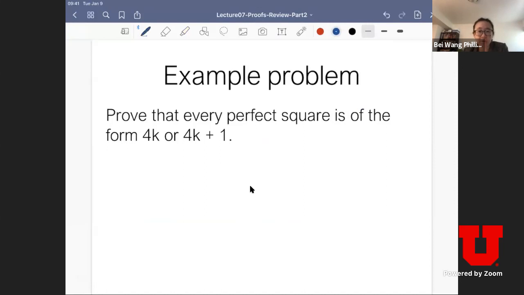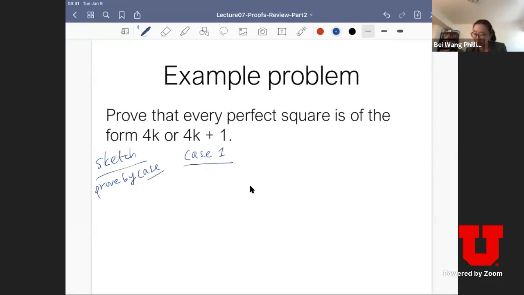Prove that every perfect square is of the form 4k or 4k plus 1. Again, I'm going to just sketch the proof. I'm going to prove by cases. I have 2 cases, and I'm going to use n to represent an integer.